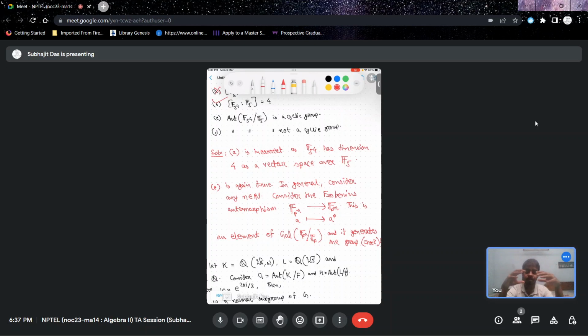First of all, Fp power n over Fp is a Galois extension. That much is very easy to understand, precisely because Fp power n over Fp is a splitting field of the polynomial x to the power p to the power n minus x, and this is a separable polynomial over the base field, because if you take its formal derivative, it turns out to be -1, and the GCD of the polynomial with its formal derivative is therefore equal to 1.